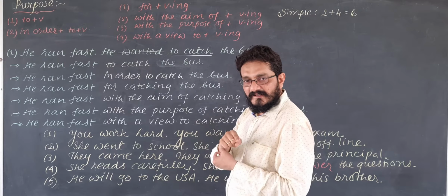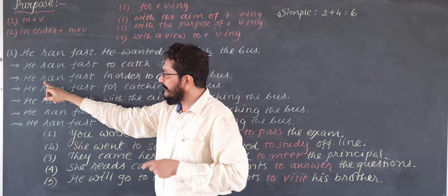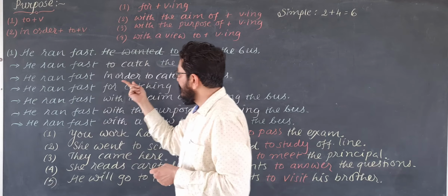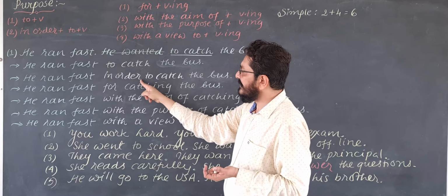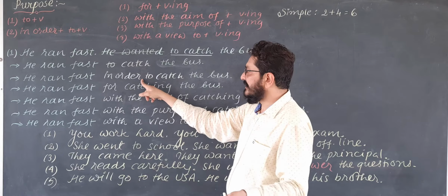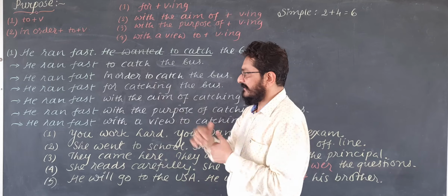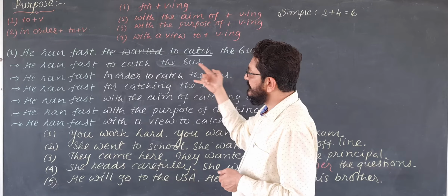Again, the product is a simple sentence. Why? Because there is only one finite verb and one subject. Definitely this is a verb, but it is a non-finite verb because it is not having any kind of subject, right? And it is not having any kind of auxiliary, it is not having any kind of tense here. So using infinitive, two methods have been written here.